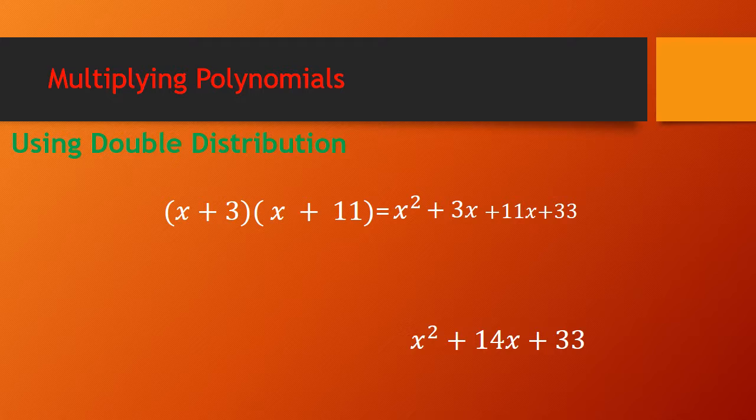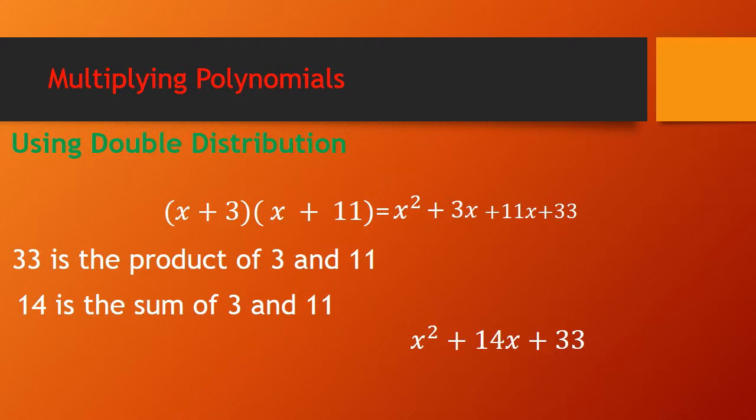So if we take a look at the binomials and the final trinomial, and we try to make a connection between them, we will see that 33, which is the number at the end of the trinomial, is basically the product of these two numbers, 3 and 11, because 3 times 11 is 33.